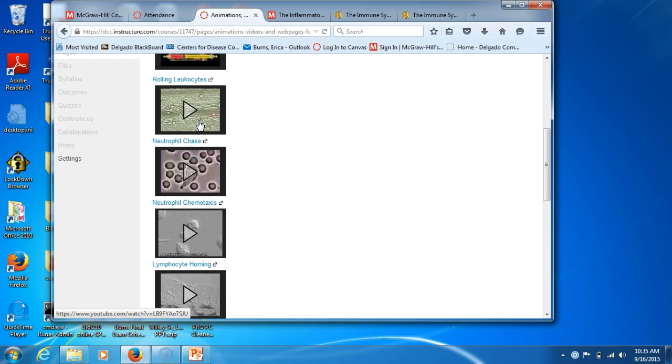Your veins, on the other hand, can they do that? No, they don't have a musculature layer to them, right? They're very flimsy.